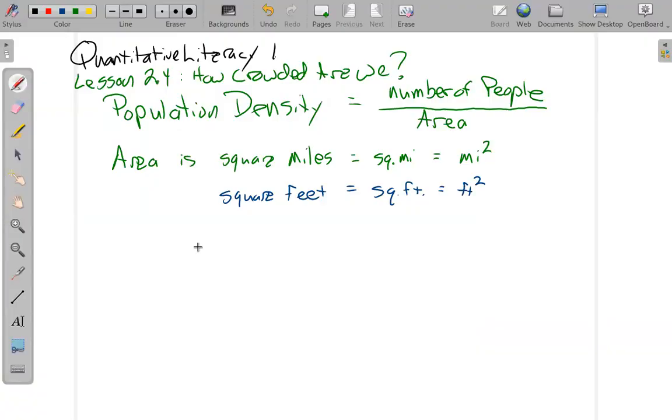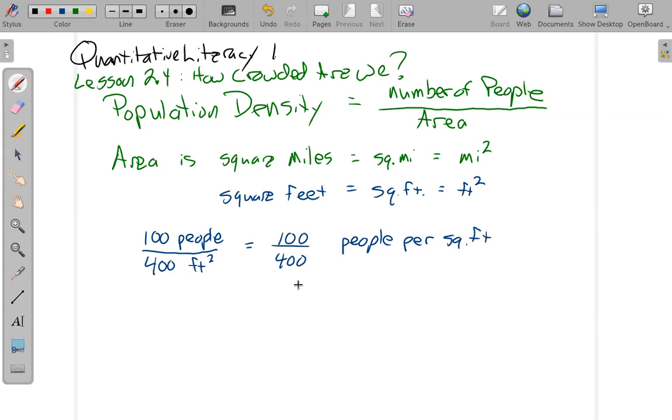So in that illustration, we had 100 people occupying 400 square feet. So that 100 over 400, we could also say that is people per, right? Per means divide, square foot.